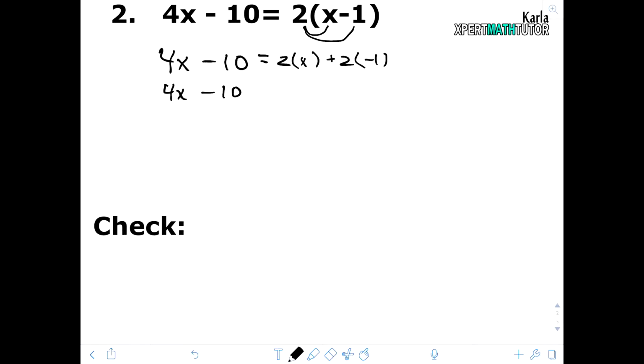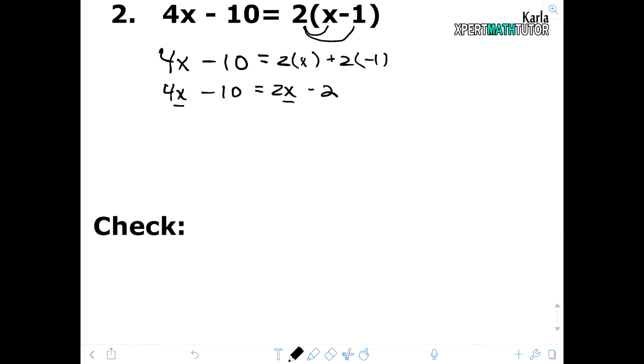So 2 times x is 2x. Positive 2 times negative 1 is negative 2.